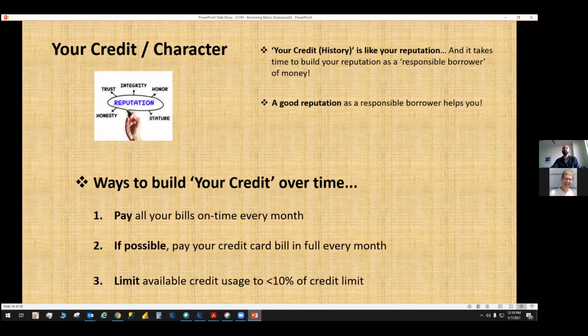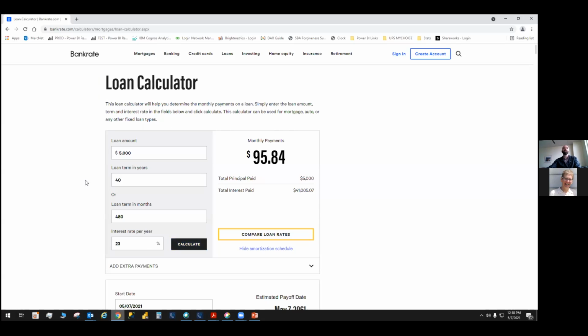So we're going to jump back over to this loan calculator here, and I'm going to go back to my 5-year scenario. This is still our $5,000 state-of-the-art MacBook Pro, brand new off the shelf. I've swiped it on my credit card, and I want to pay for it for 5 years.